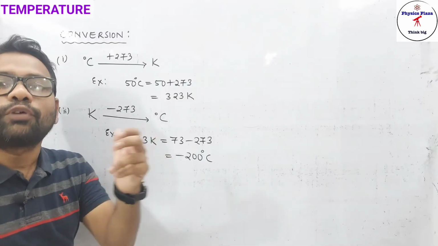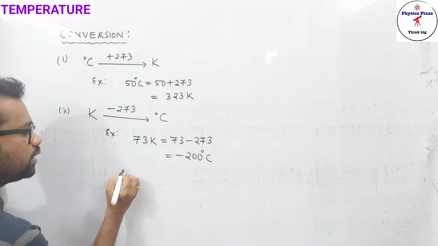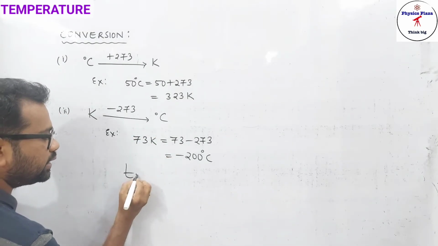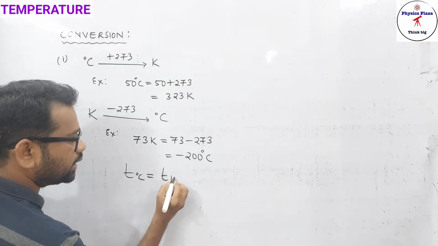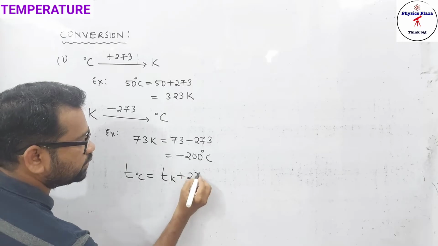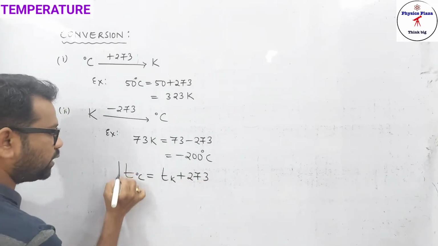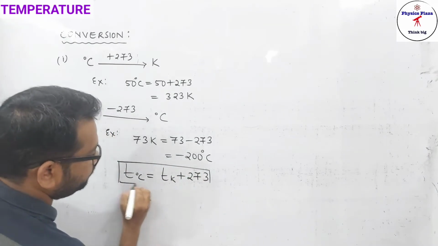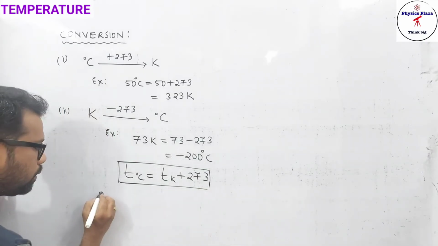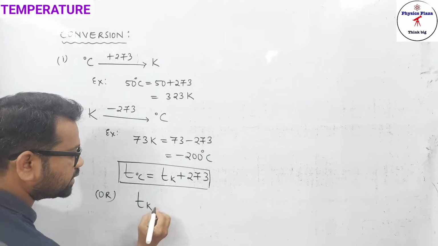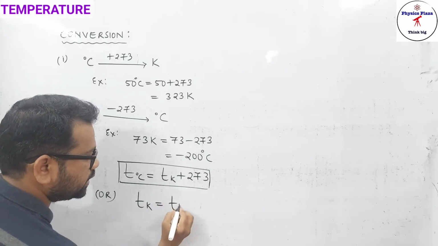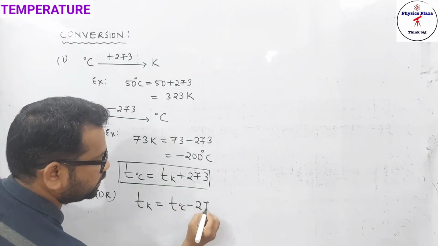So we can write a general formula for this. Temperature in Kelvin is equal to temperature in degree Celsius plus 273, or you can write temperature in degree Celsius is equal to temperature in Kelvin minus 273.